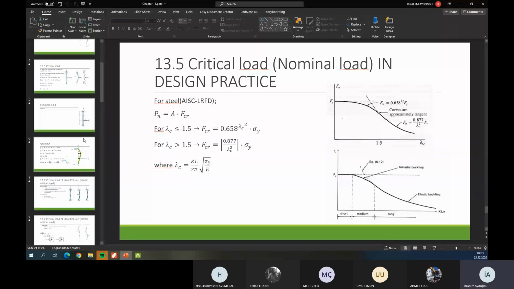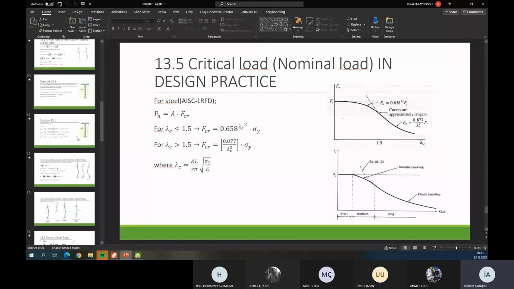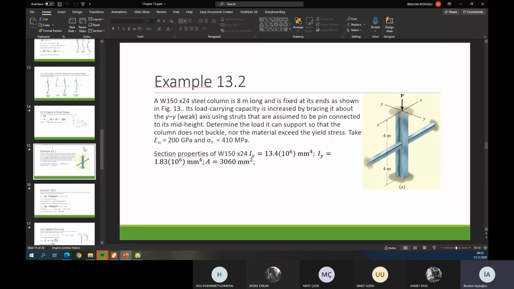In this example, for the XX direction, the effective length is 4. For the YY direction, the effective length is 8, because in the XX direction these beams can prevent rotation of the column, but there is no resistance for the YY axis.